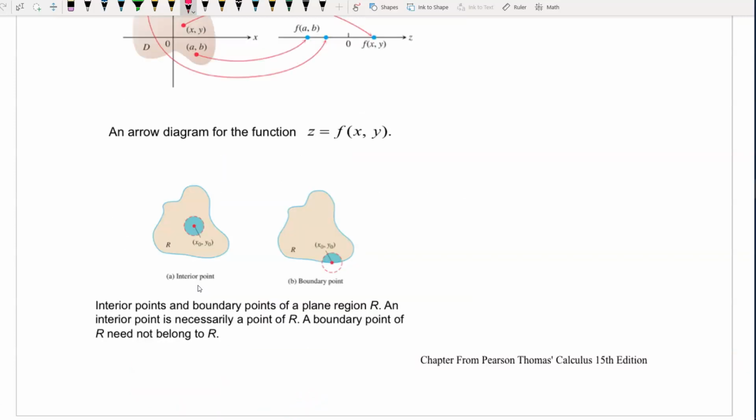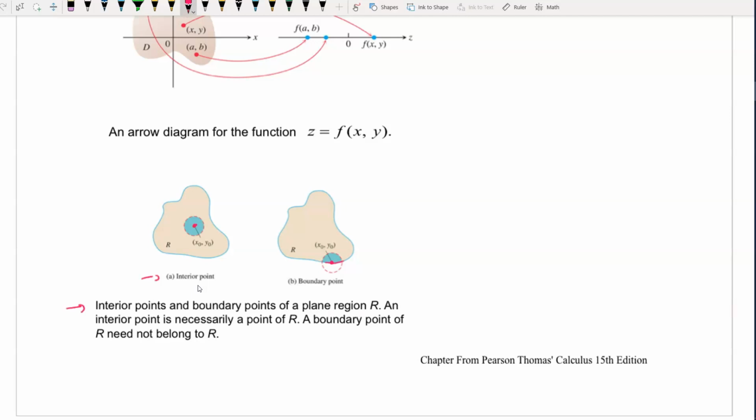So in this part we have z equal to f of x comma y, and we have this point on this part, x naught comma y naught, and it is here inside. On the right side, this point is here on this line. So what we have here inside in part A, we call an interior point, and what we have in part B, we call a boundary point.